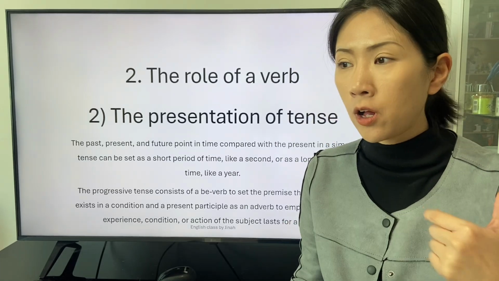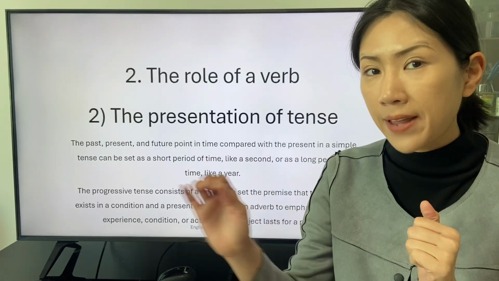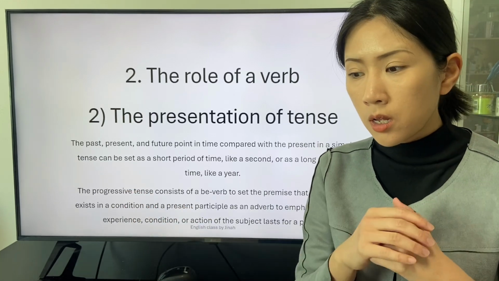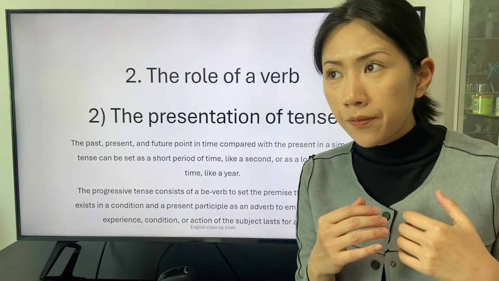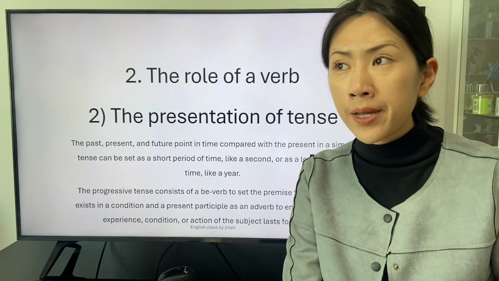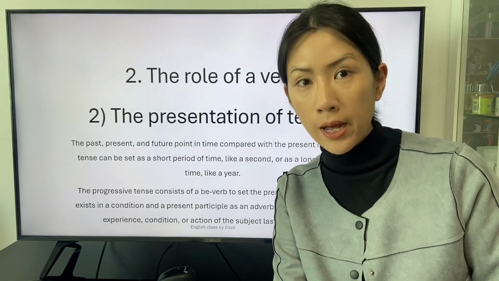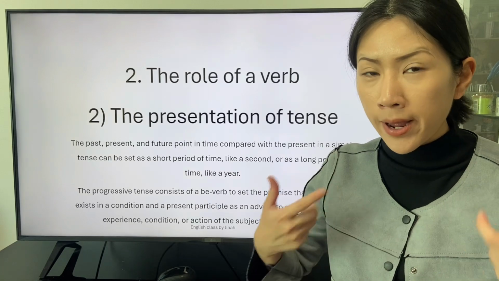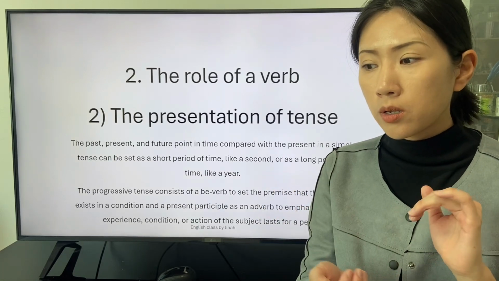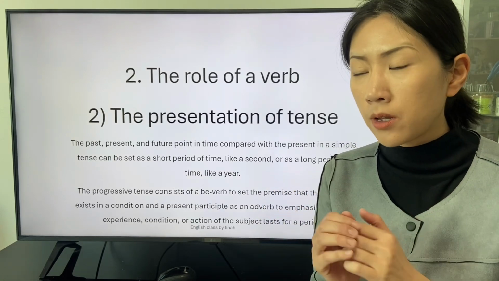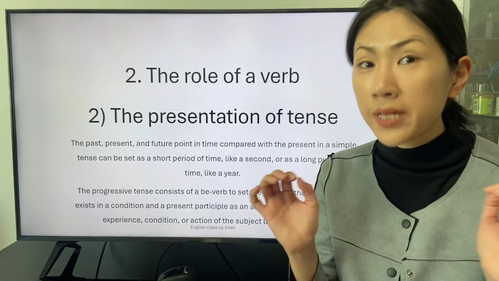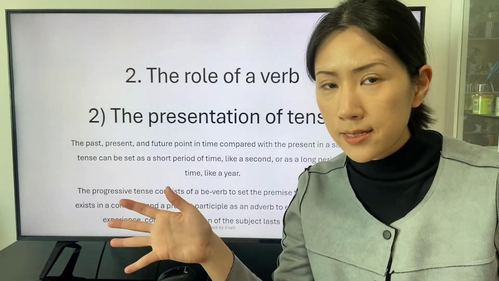The speaker applies the progressive tense in a clause. For example, I blink my eyes. I describe my action indicated by the verb blink in the present tense.